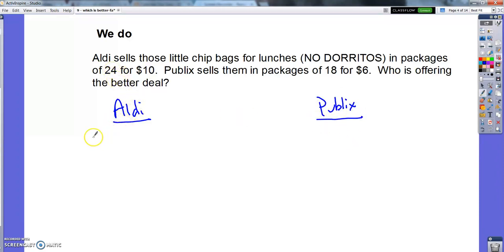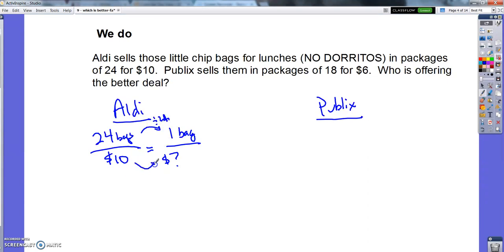So at Aldi, I can get 24 bags for $10. And I want to know, for one bag, what am I getting it for? One bag is how many dollars? So here I am dividing by 24, so down here I will divide by 24.